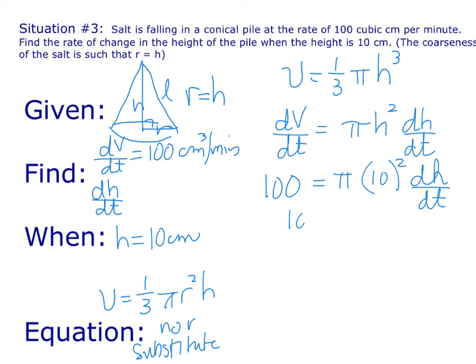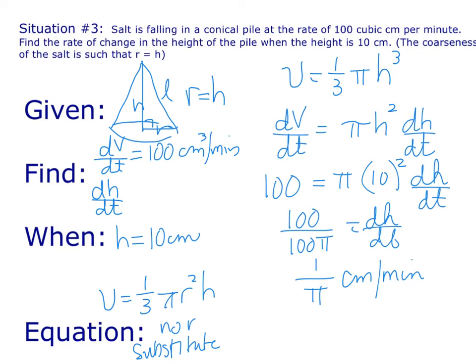So we're going to end up with 100 over 100 pi, dh/dt, so that's just 1 over pi, and the height is a one-dimensional measure, so this is going to be centimeters per minute. And that is the rate of change for the height of that pile, given those conditions.